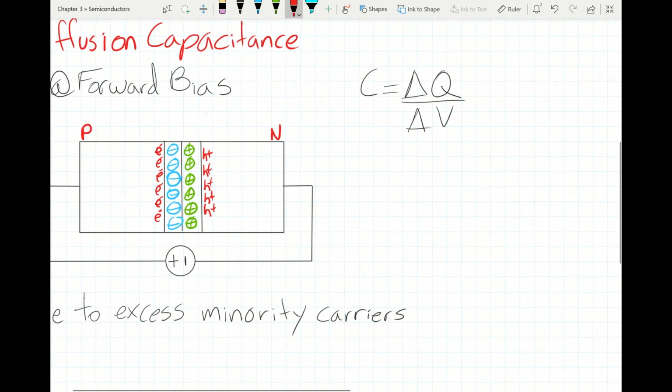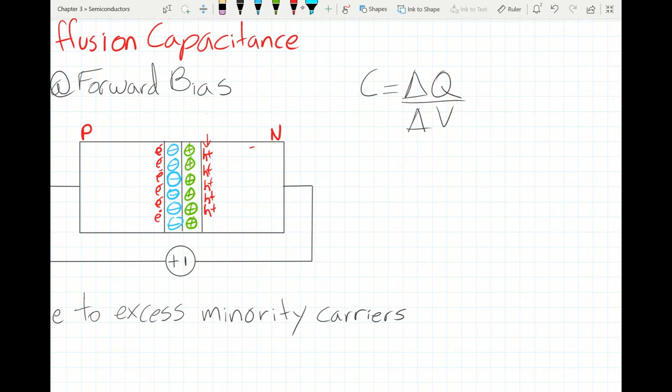So remember that these minority carriers are here, but they want to recombine with the majority carrier electrons on the inside. So you have majority carrier electrons, you have minority carrier holes. These holes, as they move into the inside, start to recombine with electrons.